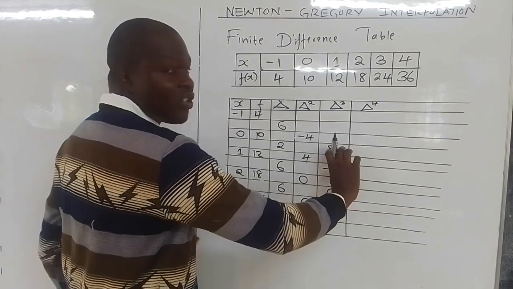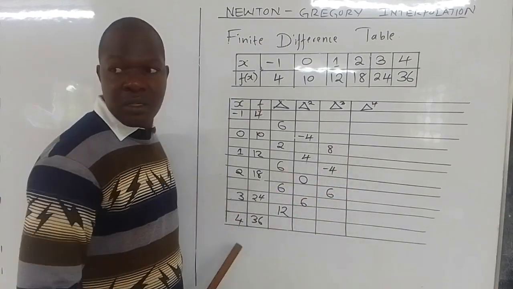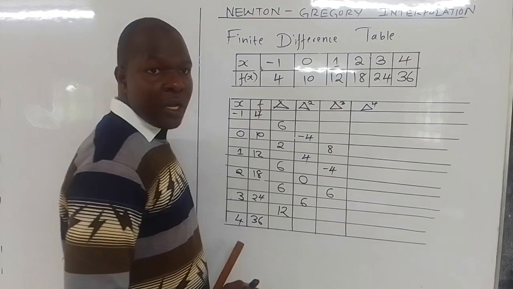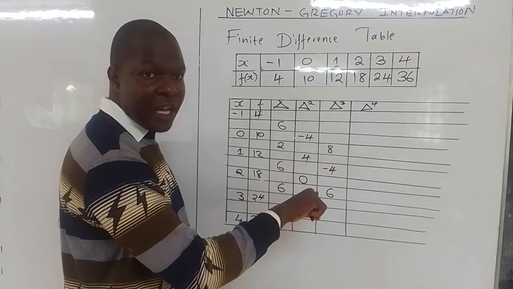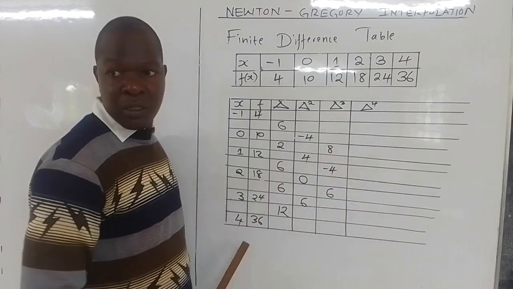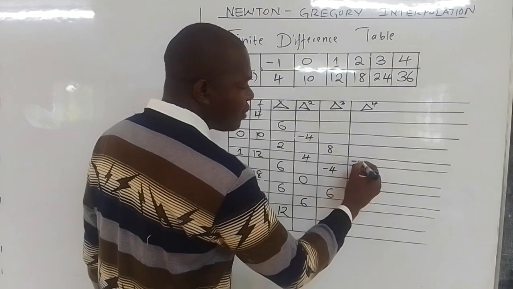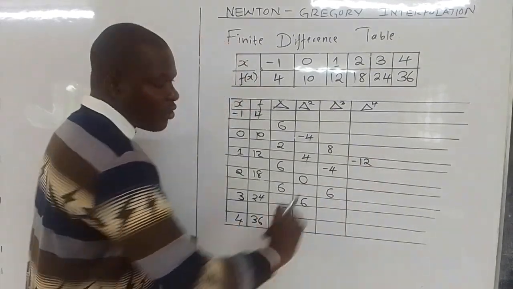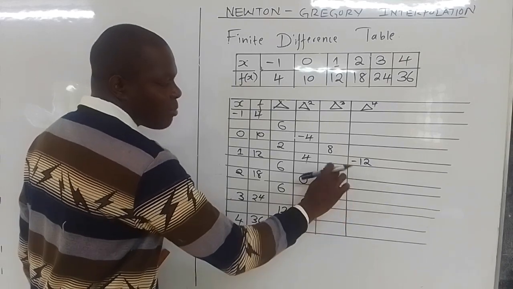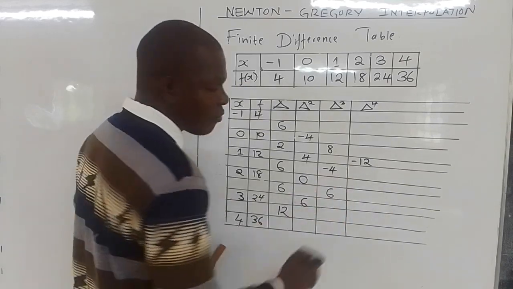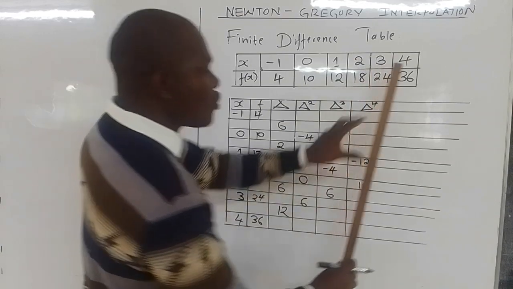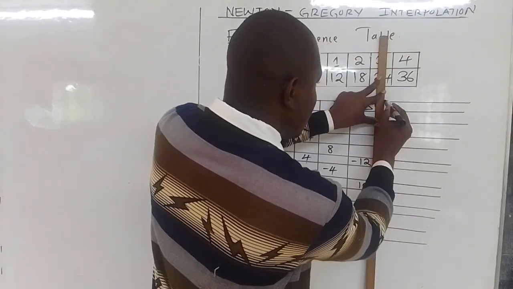The difference between these two values, negative 4 minus 8. My friend, concentrate here. Negative 4 minus 8. Negative 12. Then here, second minus first, 6 minus negative 4 is 10. You go to the next column.